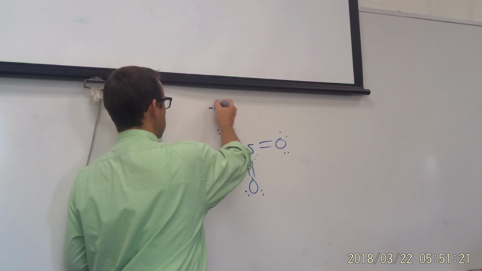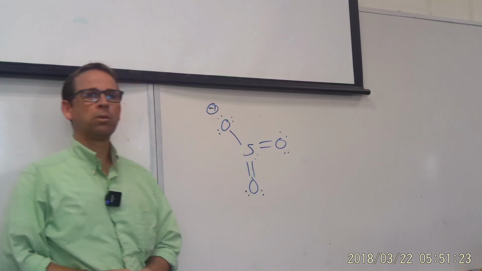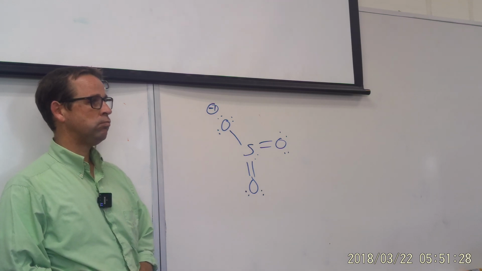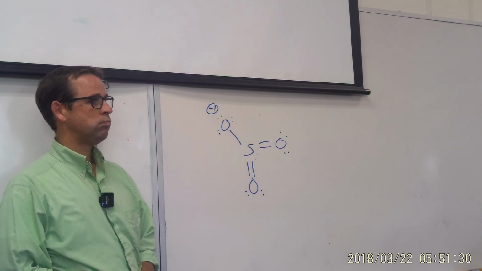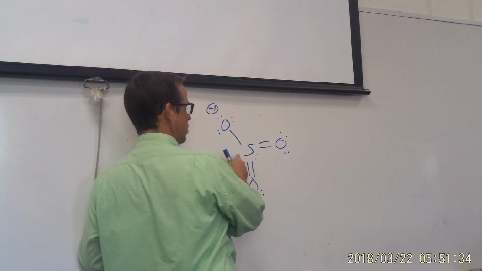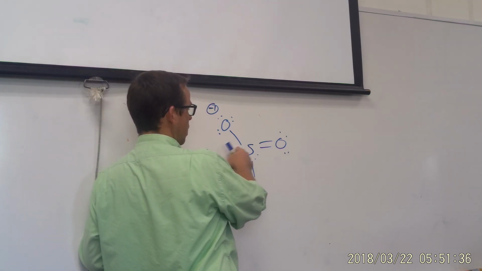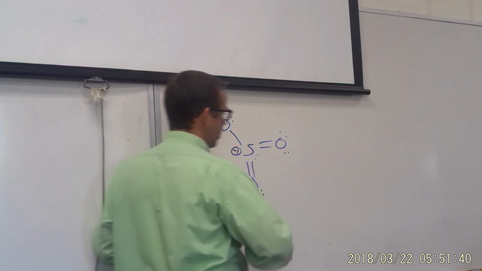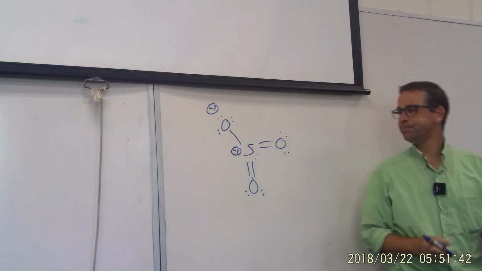And this oxygen here has a -1 formal charge. Right? What's the formal charge on the sulfur? -1. Is that right? It brought how many? 6, and it has 1, 2, 3, 4, 5, 6, 7. So now we have the formal charge on the sulfur.